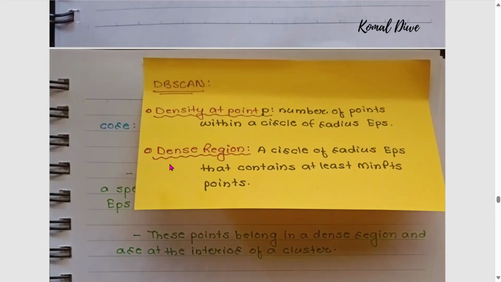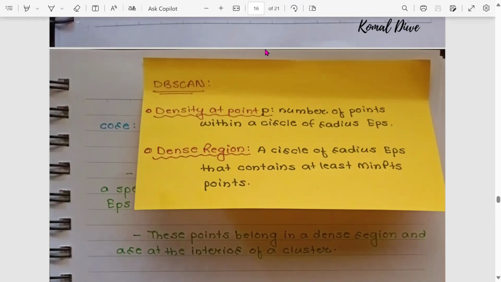A dense region is a circle of radius epsilon that contains at least minimum points.